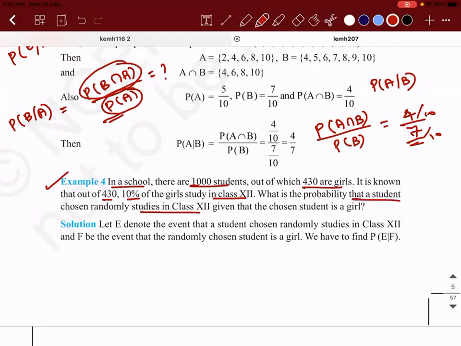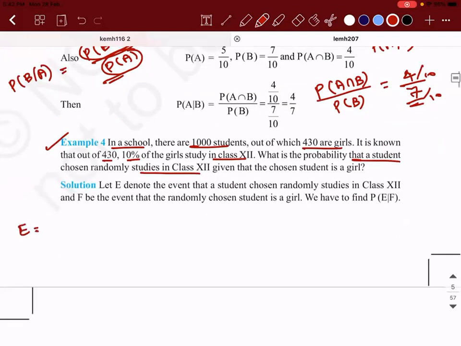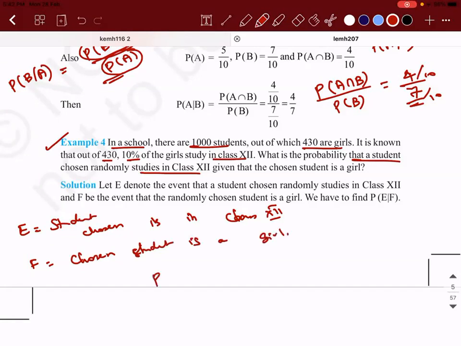So the event that the student chosen is in class 12 should be in the numerator. And what about F? The chosen student is a girl. So the probability of E given F is equal to the probability of E intersection F divided by the probability of F.